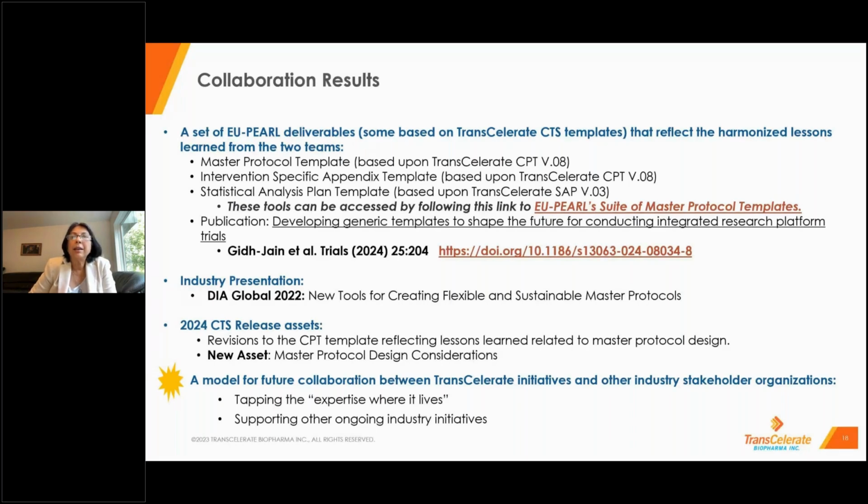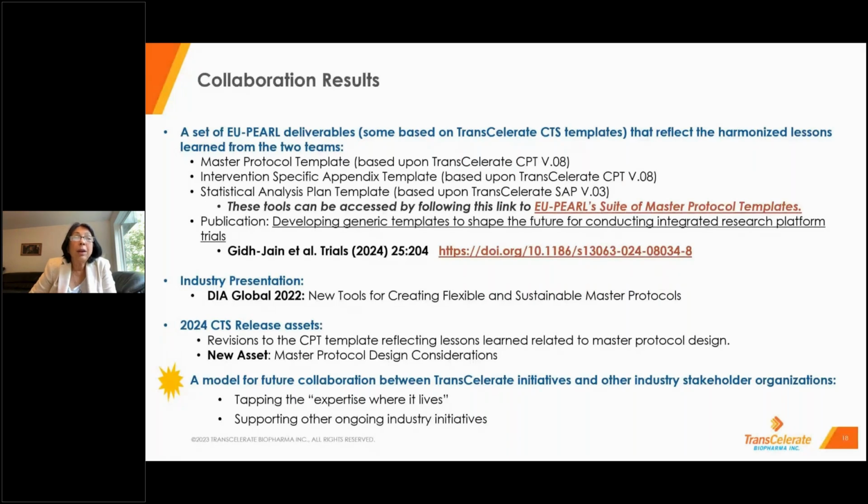I mentioned the DIA Global 2022 presentation, and this was focused on the new tools for creating flexible and sustainable master protocols. And to close the loop, it was interesting because not only did EU-PEARL learn from TransCelerate, but TransCelerate took some of the learnings from EU-PEARL.